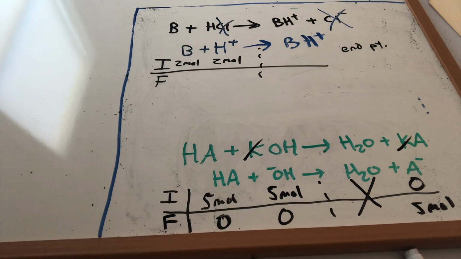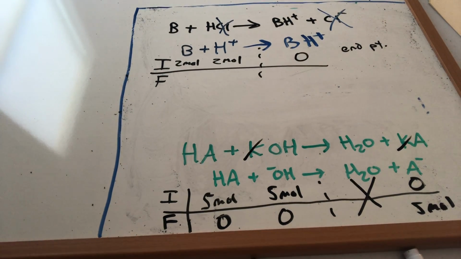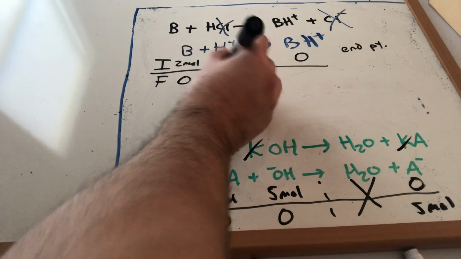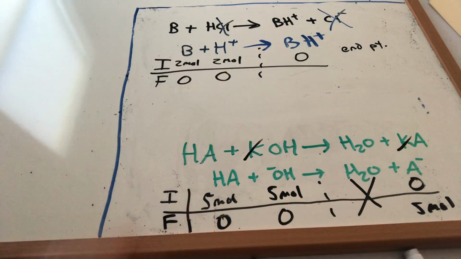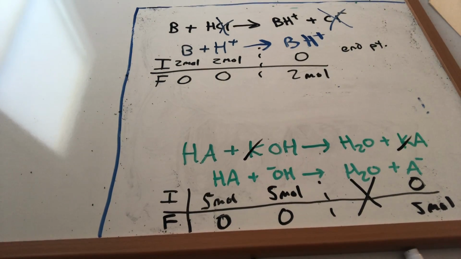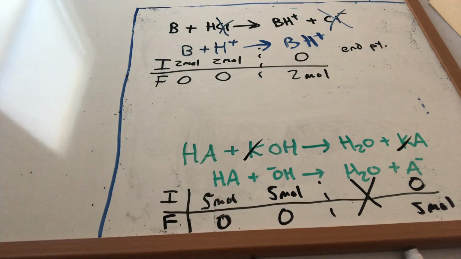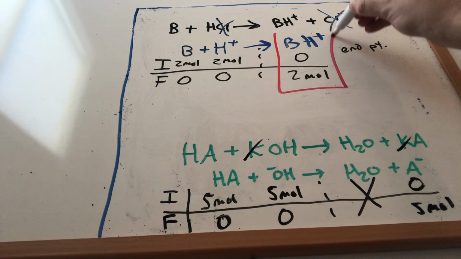You've added enough to do a complete reaction. There was no conjugate to start. These go away completely because you put in the right amount. And how much conjugate have you made? You've made just the same amount in terms of moles as your original species. Now, last semester we called these neutralizations. Now we see these as conversions to conjugates.